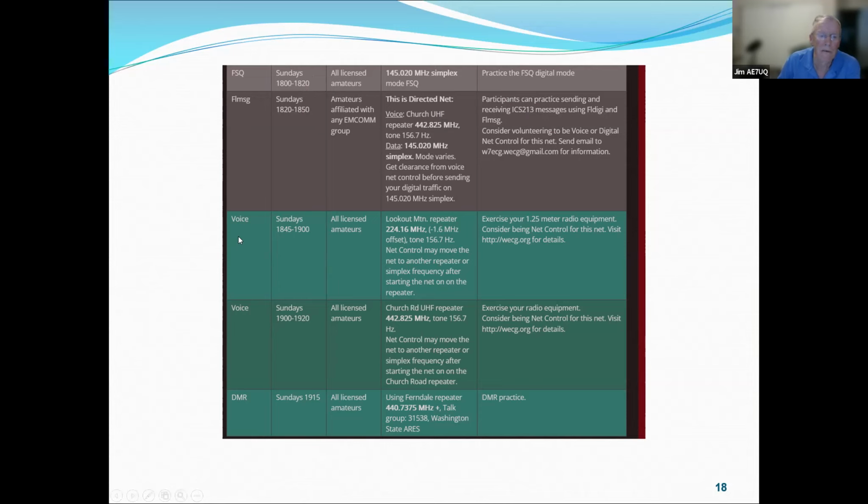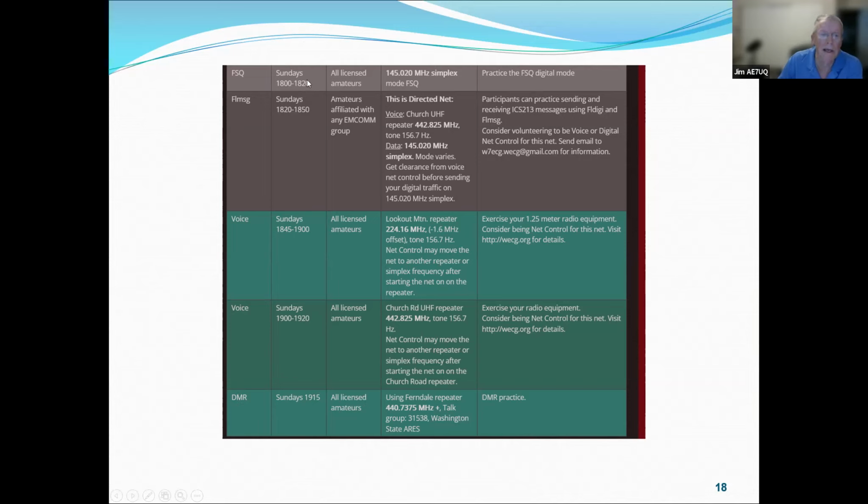We also have a voice net on 220 megahertz. Here's the time, here's the objective, and all open to everybody. We have a general voice net at 7 o'clock on Sundays on our main repeater. Everybody welcome. And then we also have a DMR net, digital mobile radio net, at 7:15.